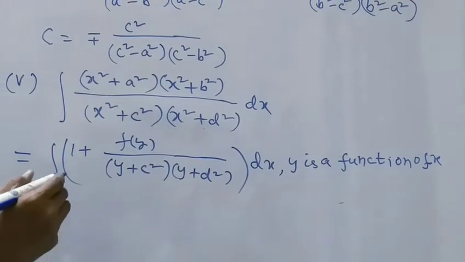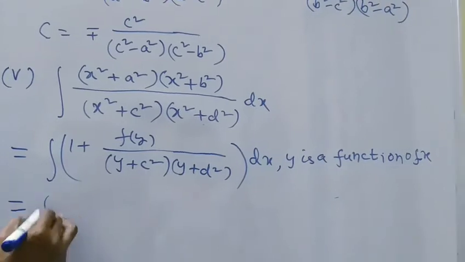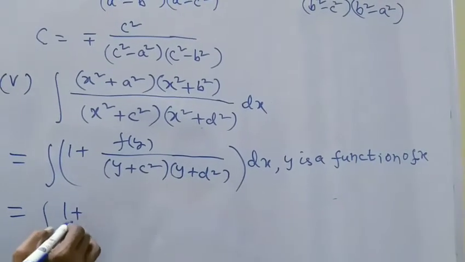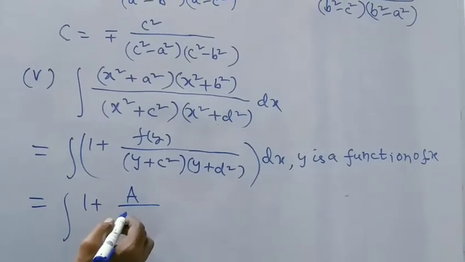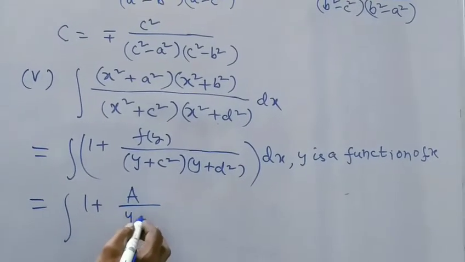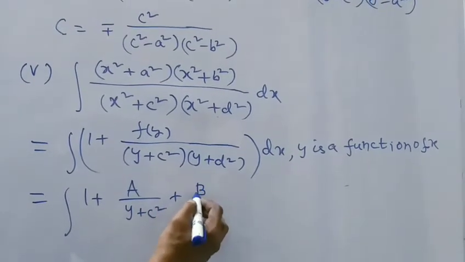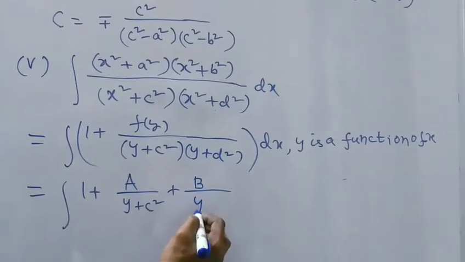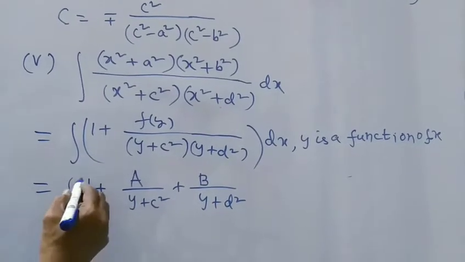According to the partial fractions, it is split into two fractions, that is integral of 1 plus a by y plus c square plus b by y plus d square, all dx.